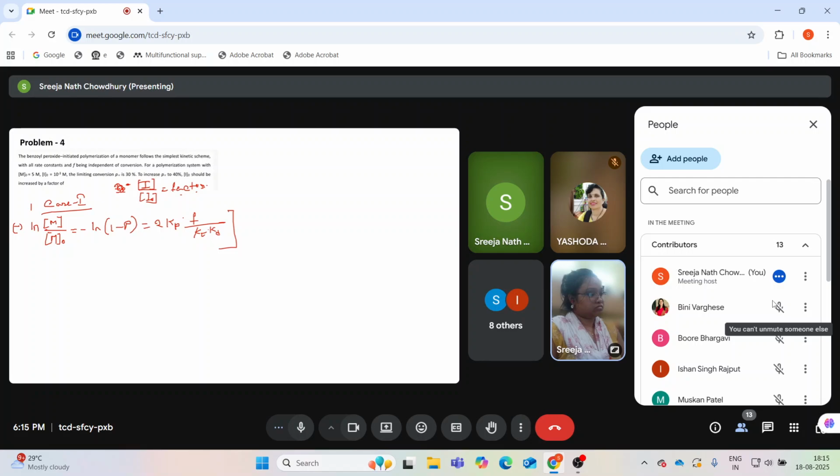Now we will not put the values, we will just write it like this and go to case 2.